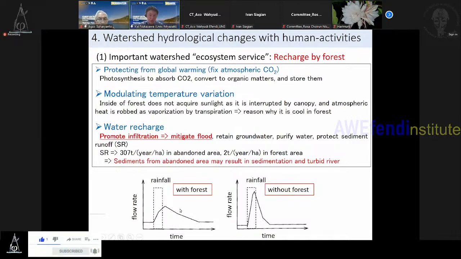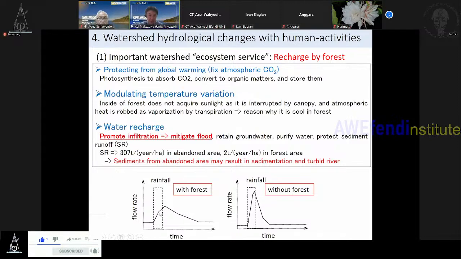So the figures at the bottom explain the water recharge function by forest. The left hand is the flow rate time series, the hydrograph with forest, and the right hand is the hydrograph without forest.